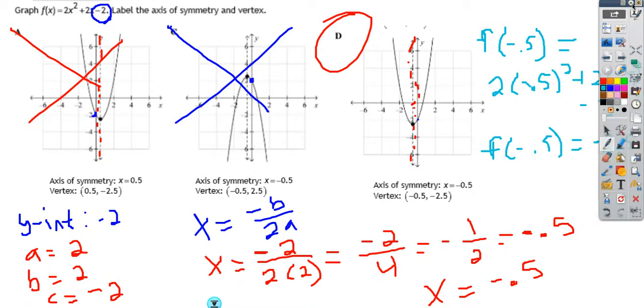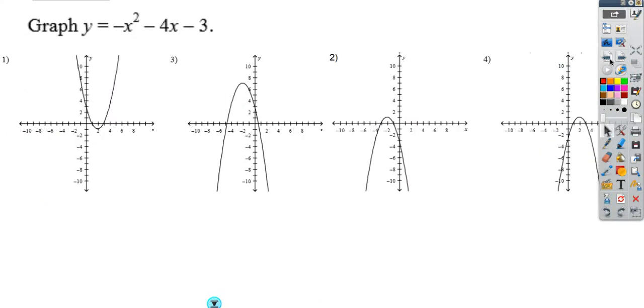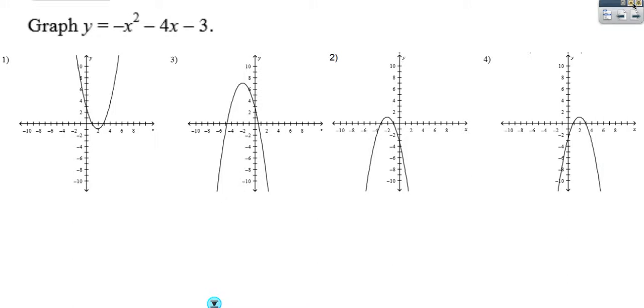And then the last example. In this example, we are going to see the graph y equals negative x squared minus 4x minus 3, and we need to pick which graph goes with that. Again, we should start with our y-intercept. Our y-intercept is our c value, which is negative 3.